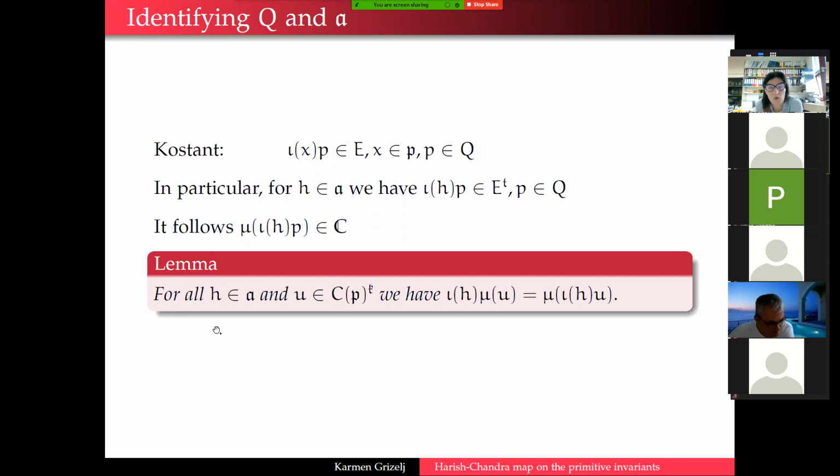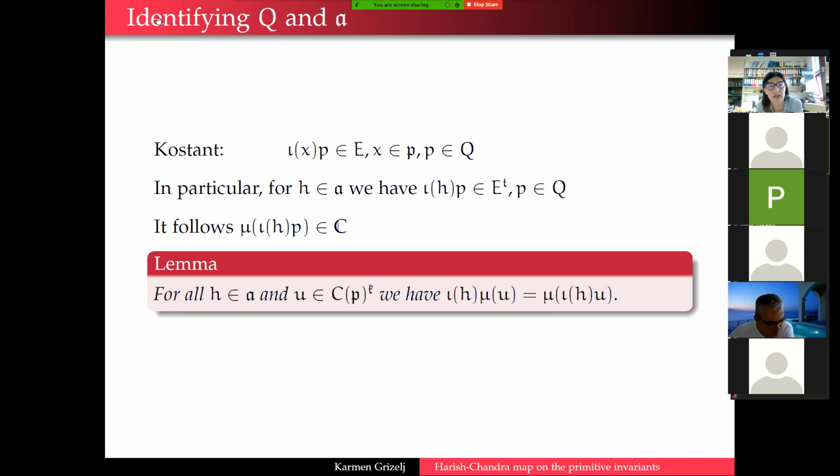So first, we notice that for all H in A, and U being in K invariants of the Clifford algebra of P, we have that mu, the Harish-Chandra map, and the contraction operator kind of commute. And that will be important for the final result.